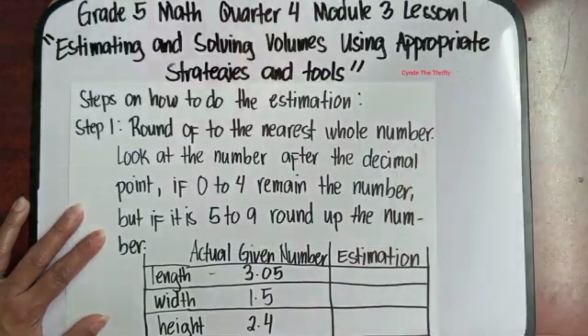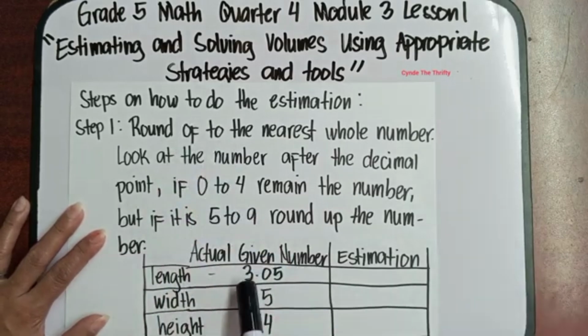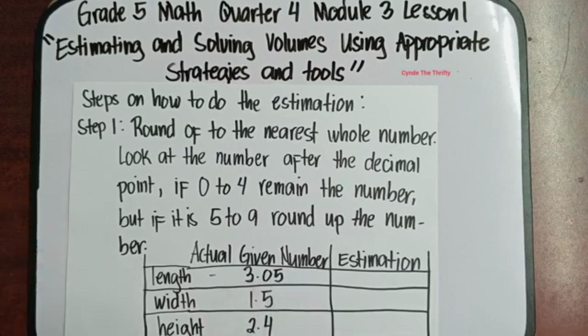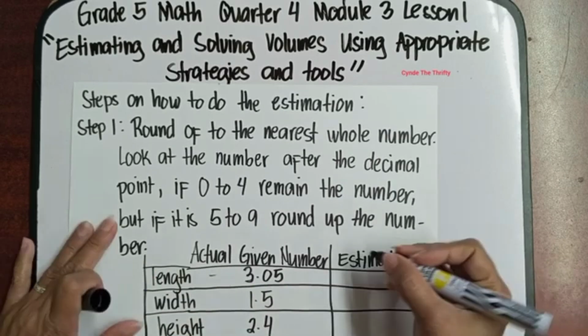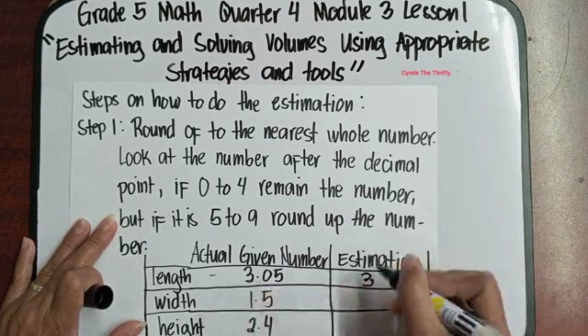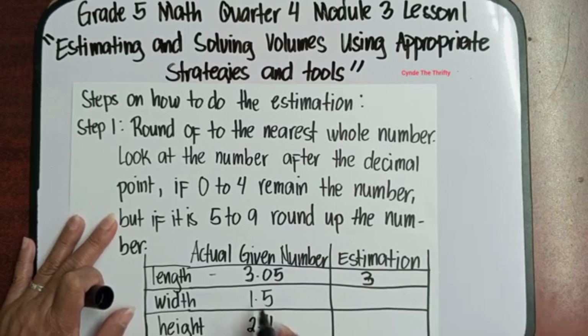Now, i-estimate na natin siya base sa ating rules na nandito. So, 3.05, ano yung number after the decimal point? 0. So, ibig sabihin, mananatili si 3. Okay, so mananatili si 3. Ibig sabihin, ang estimation natin dito kay 3.05 is 3. Ang width niya naman is 1.5. Ano yung number after the decimal point? 5.